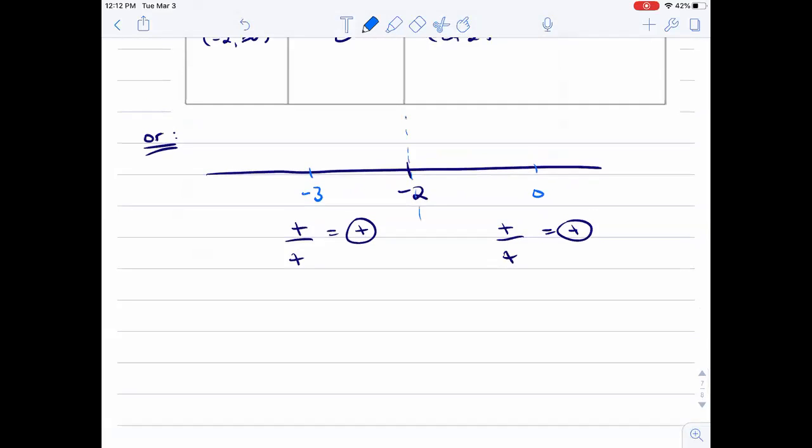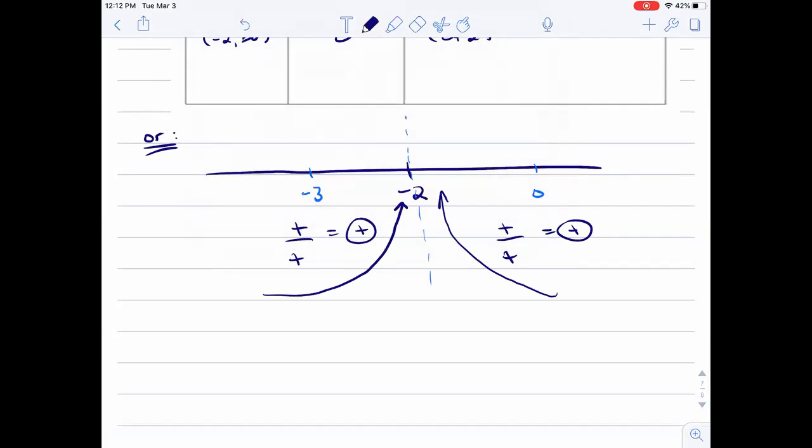So at -2, what it's going to look like is this type of behavior, going up to positive infinity on either side.